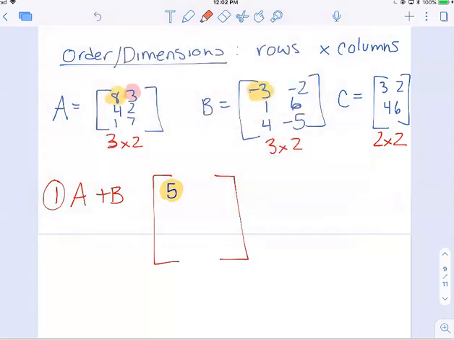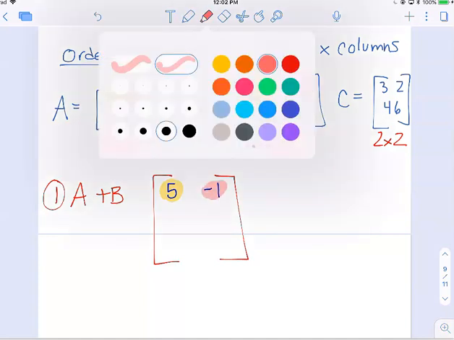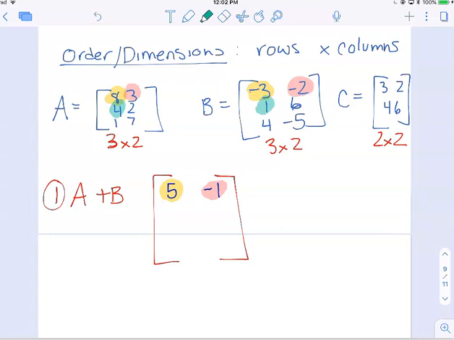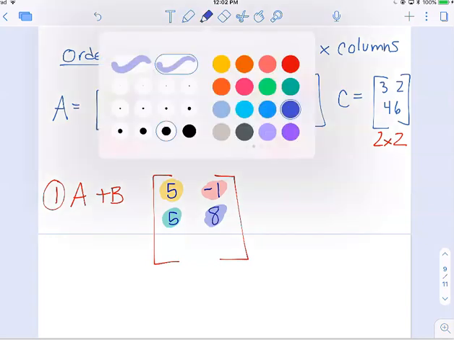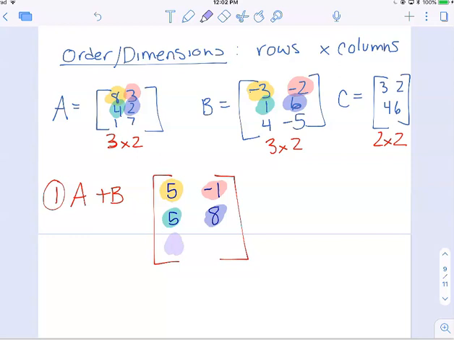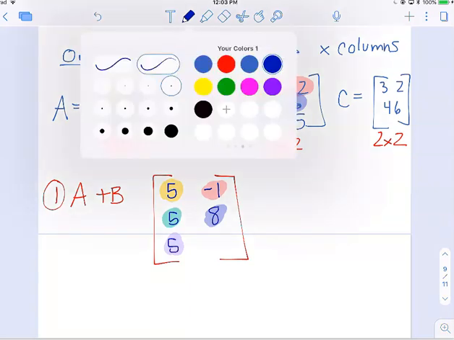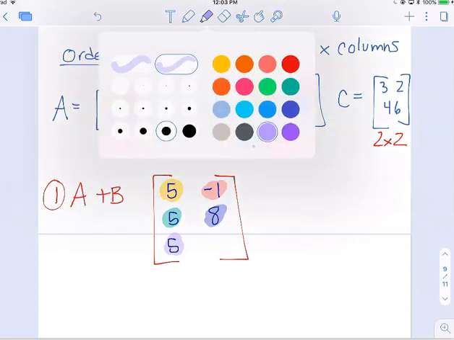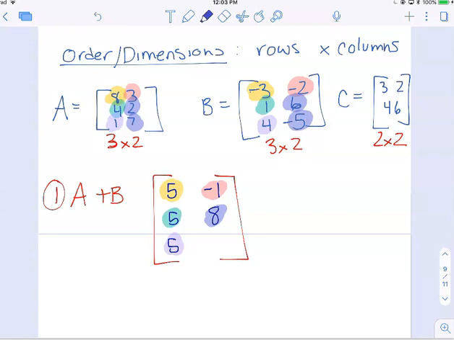Then we would take our next one, 3 plus -2, and we would get -1. 4 and 1, we end up with 5. 2 and 6 would go right here, we end up with 8. Then our next spot, 1 and 4, we end up with 5. And then this last one here, 7 and -5, we end up with 2.